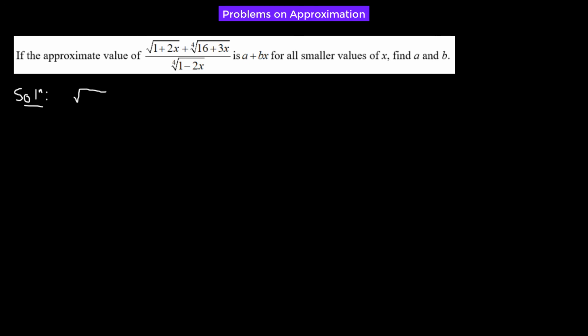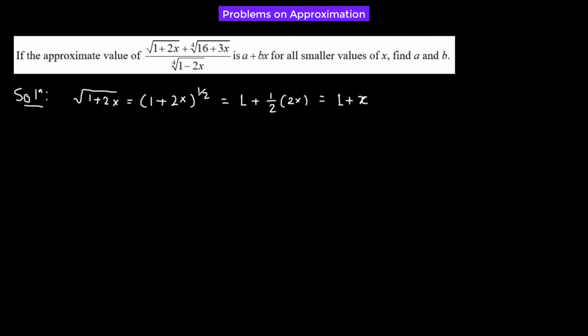So we have square root of 1 plus twice x. So this could be written as 1 plus twice of x raised to the power of half, and we apply the binomial theorem. We have 1 plus half times twice of x, which would be simply 1 plus x.